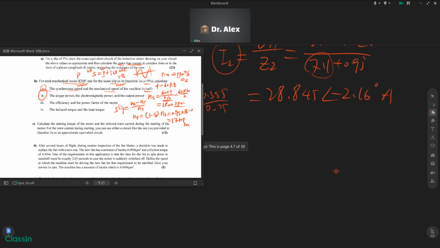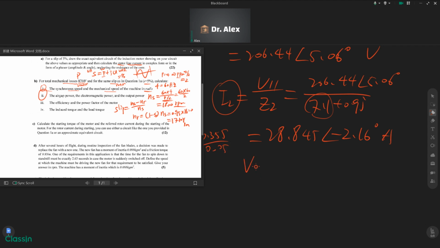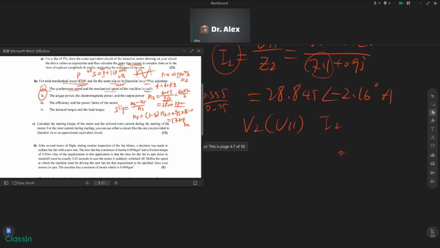All right, now we have the value of V2, which is the V parallel, and we have the value of I2. So now we can get the entire power applied to the rotor, which is the air gap power, which is I2 square times R2 divided by S. Be careful, this is a three-phase circuit.